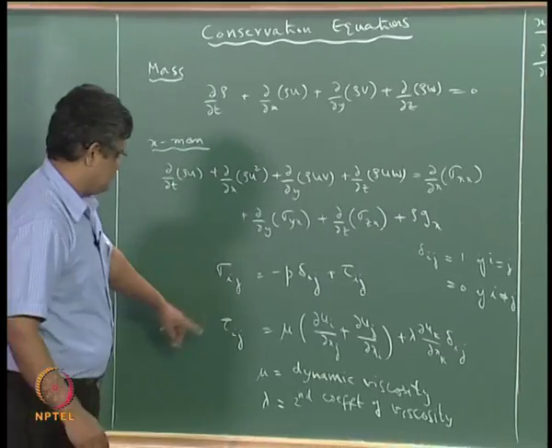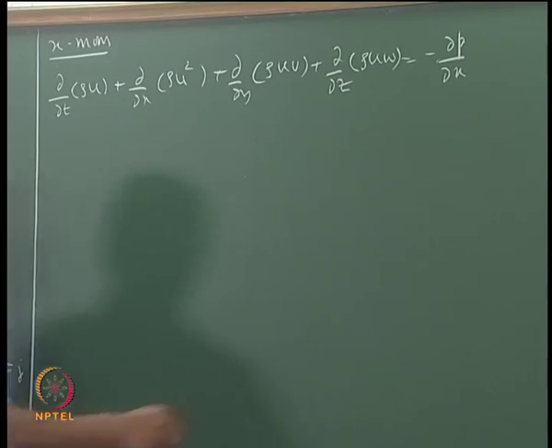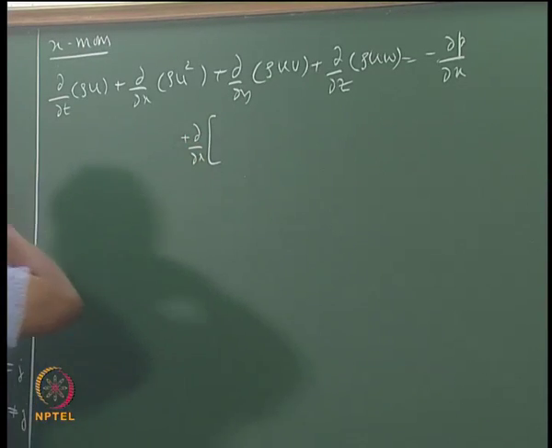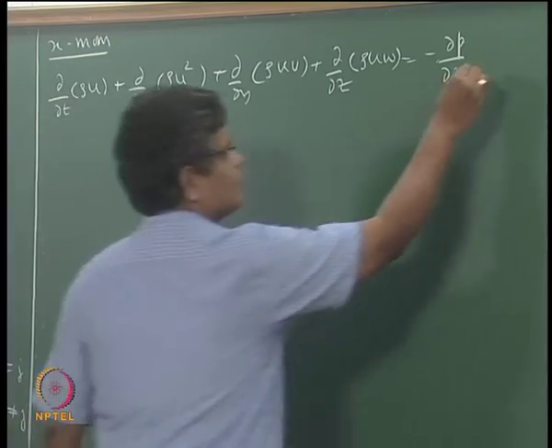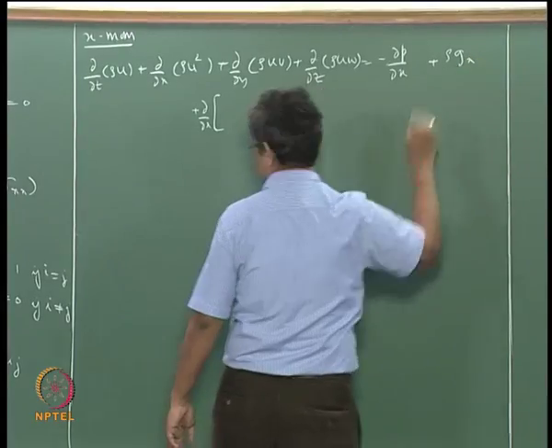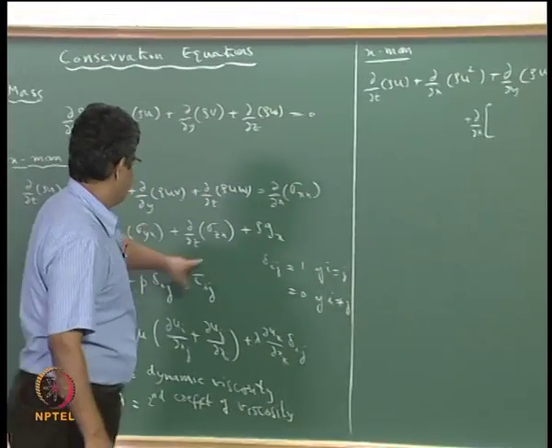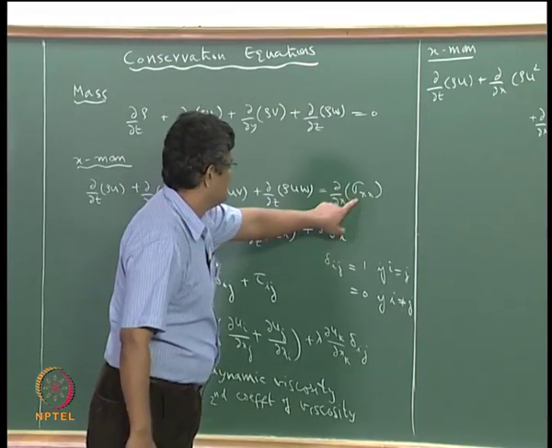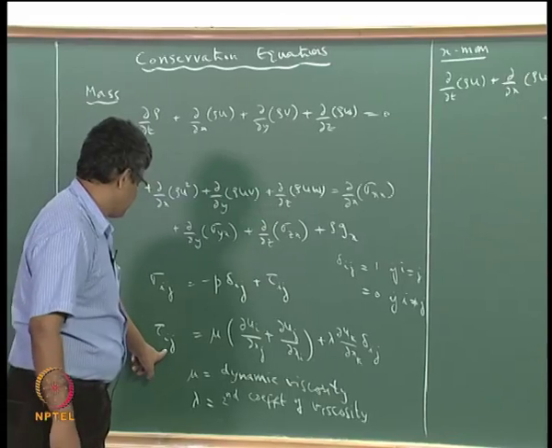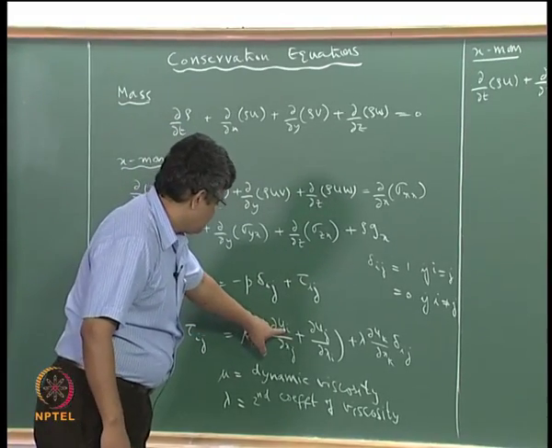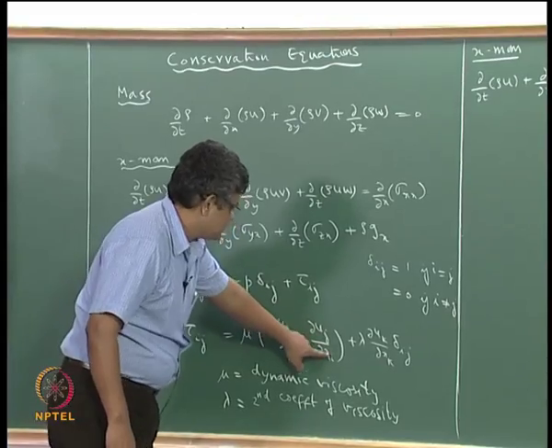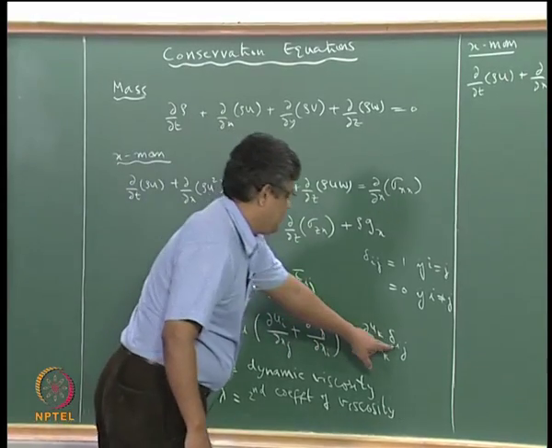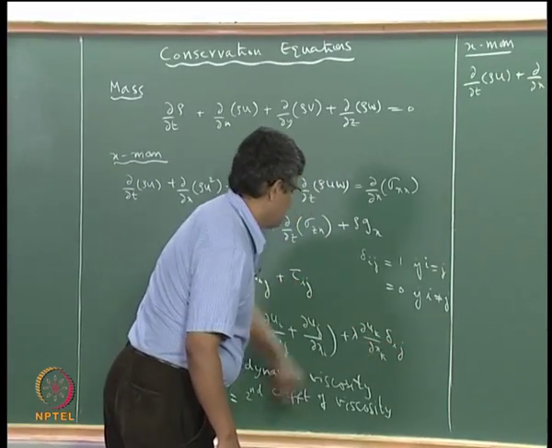So with that notation, then we have dou by dou x of, you can add the rho g x term. We have already accounted in this for the pressure term. We have tau xx, and tau xx can be written from this as mu times dou u x by dou x plus dou u x by dou x plus lambda times dou u k by dou x k, because when you say xx, i is equal to j equal to 1, so this thing becomes non-zero.